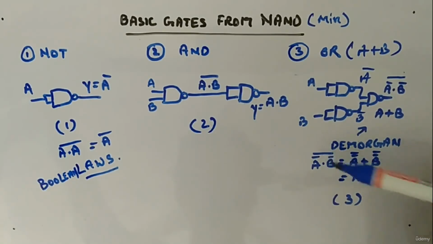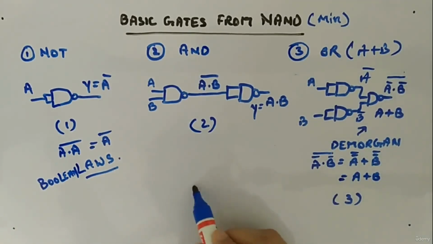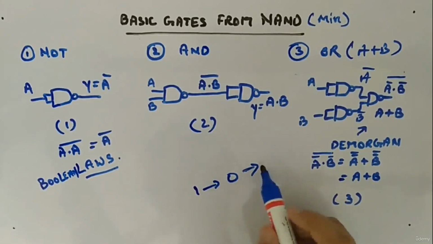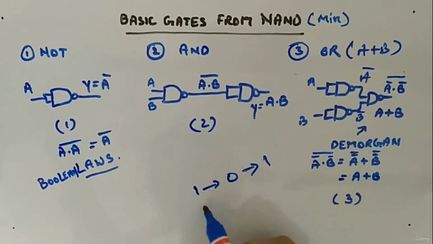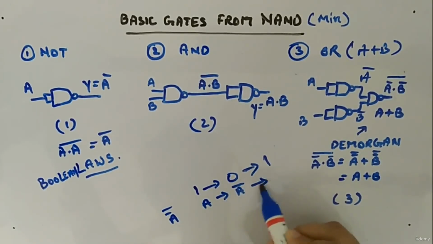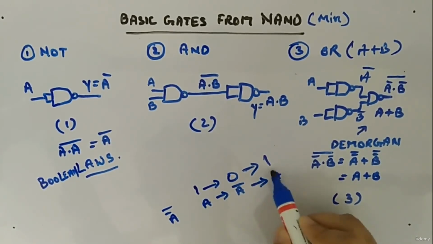A bar dot b bar whole bar is equal to a double bar plus b double bar. This is De Morgan's law. Now a double bar means you are doing complement two times. If you complement 1, it becomes 0. If 0 is complemented again, it becomes 1. That is what a double bar means. So a becomes a bar, and a double bar means a only.